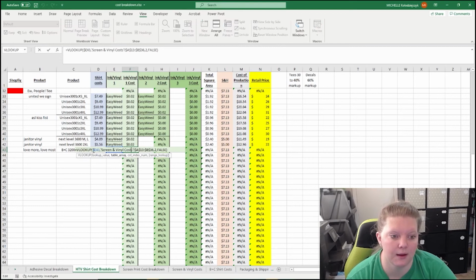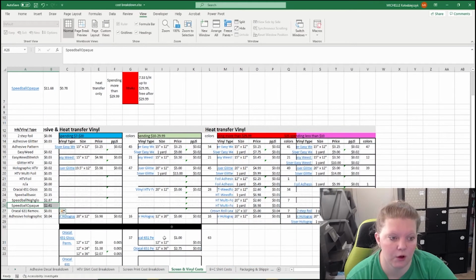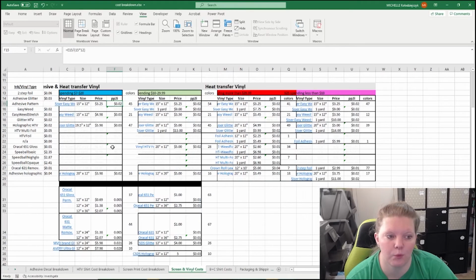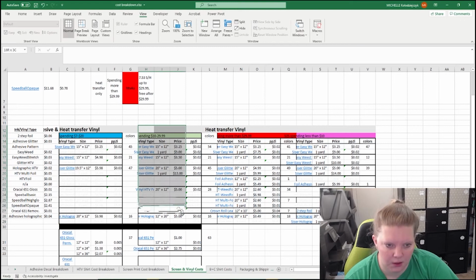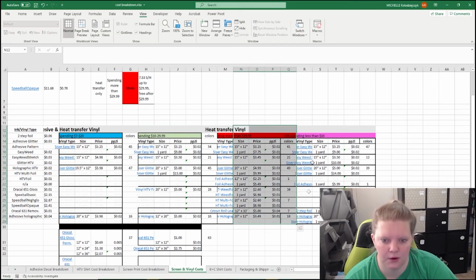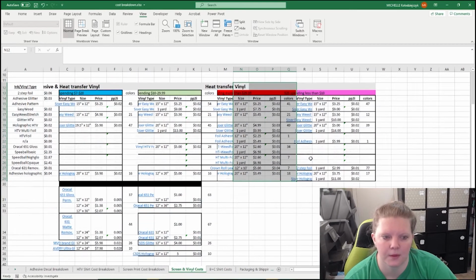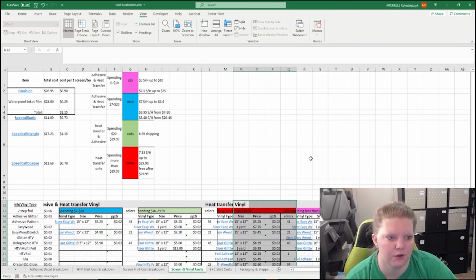It's saying over here on this vinyl cost, this is what we're looking at, Caesar Easy Weed, right here. On this one, I listed several different websites. So this is one website, this is another, this is another, and I tried to average them there.